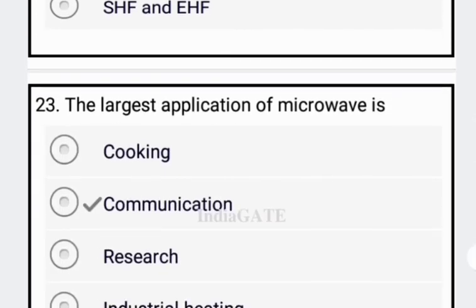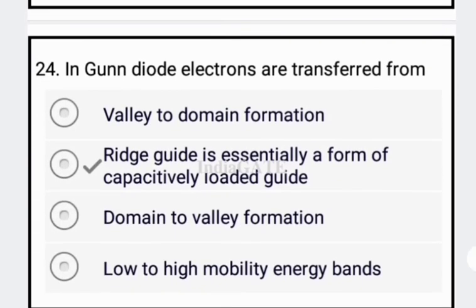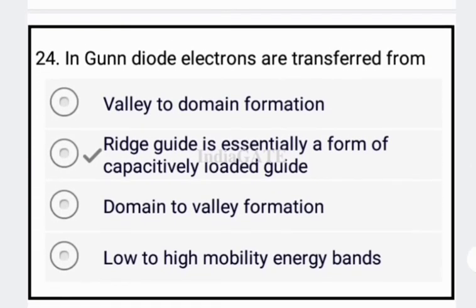Next question. The largest application of microwave is communication. So option B is correct. Next question. In a Gunn diode, electrons are transferred from.